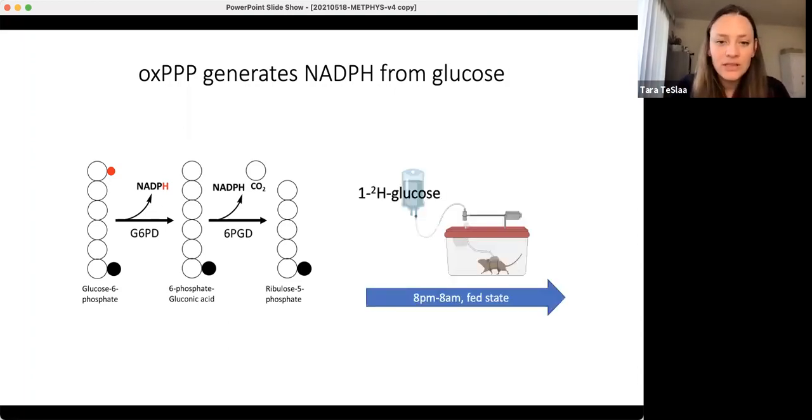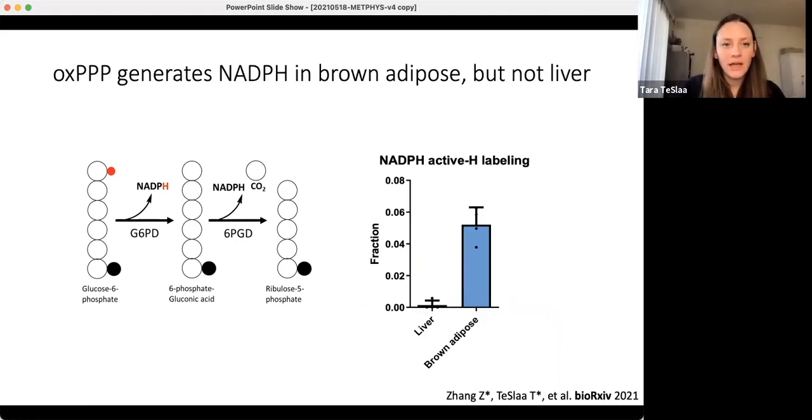So we infused this tracer into mice for 12 hours overnight because lipogenesis is quite slow, and then looked at the labeling in tissues. And so what we saw was a little bit surprising. We saw almost no labeling in the liver, but we saw a lot of labeling in the brown adipose tissue.